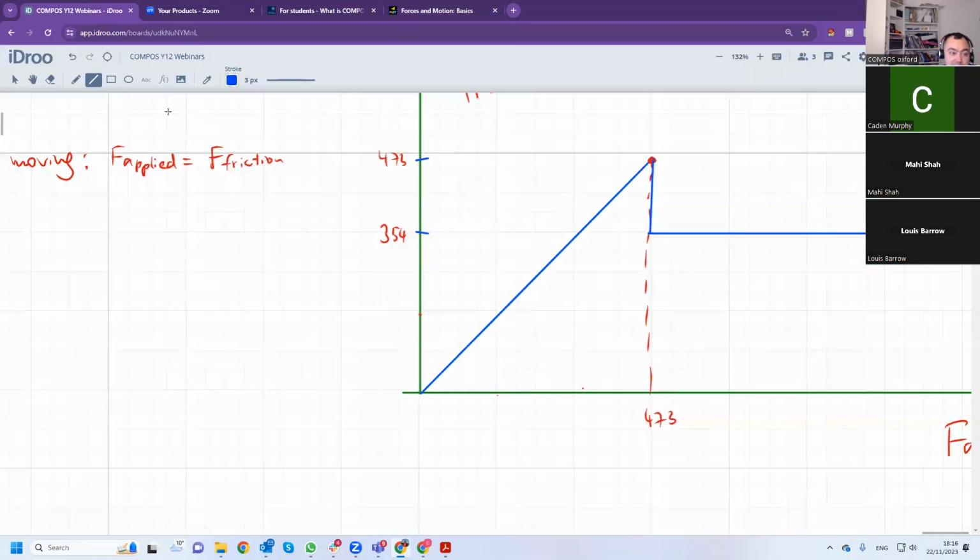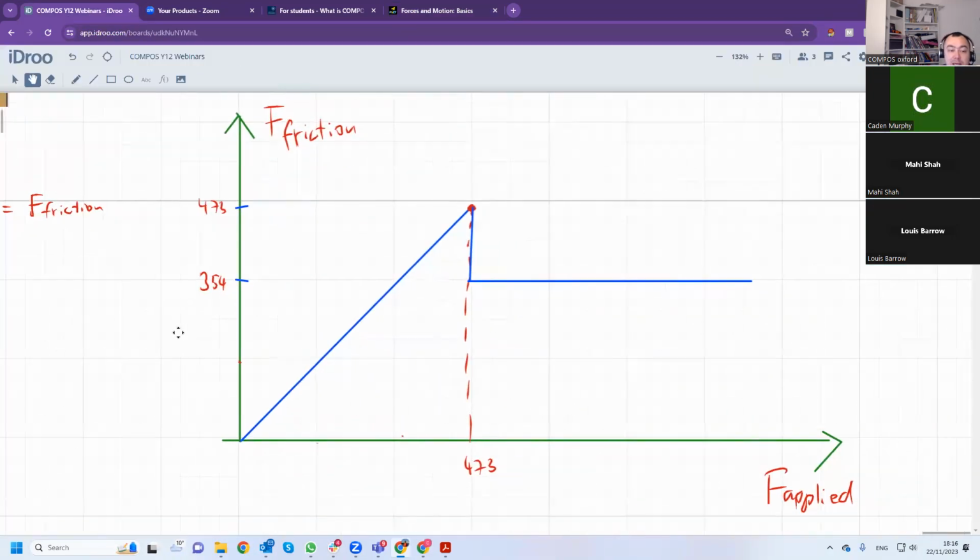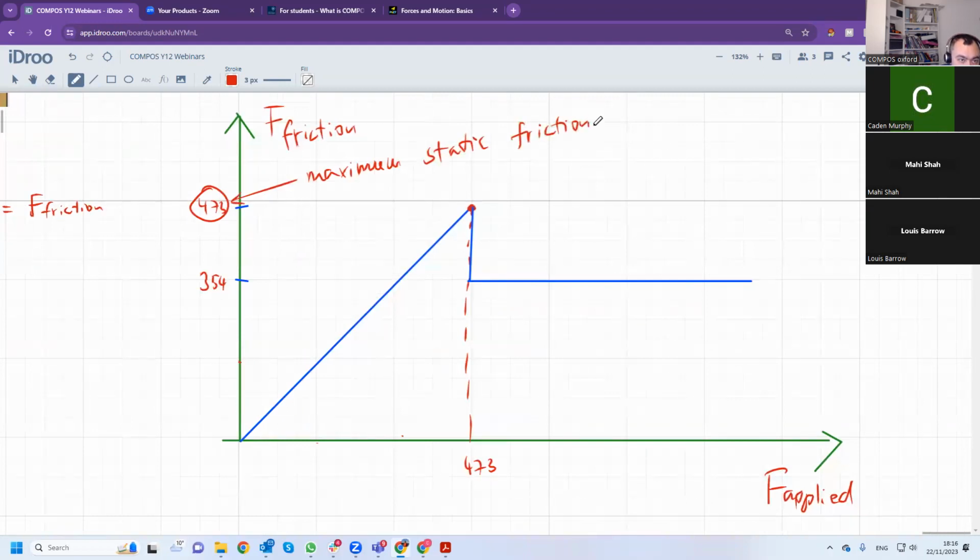So we have two different friction forces: static friction and dynamic friction. This is maximum static friction, and this is dynamic friction.